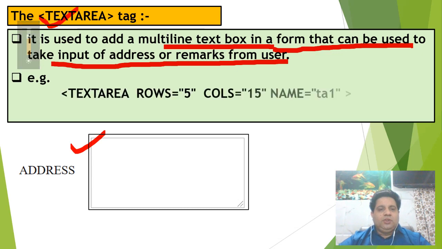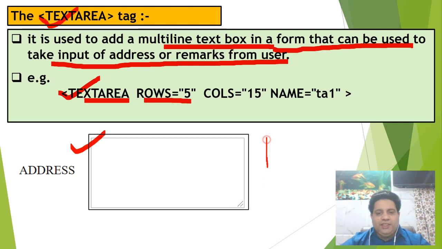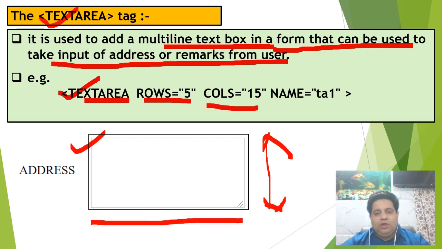Example. Now, to create a text area, you use textarea. Keep this in mind, there is no space in between text and area. Now, you have to use rows. Rows determines the height of the text area, and columns determines the width of the text area.